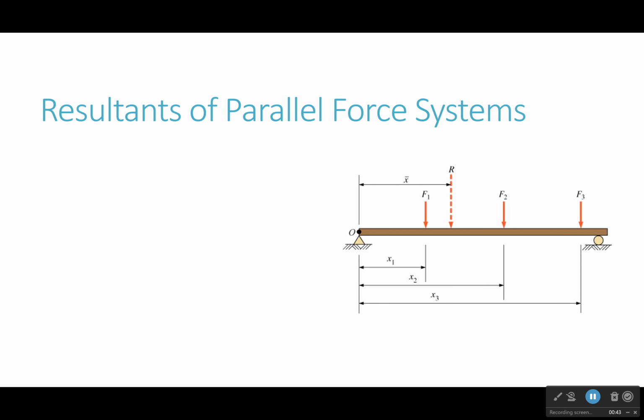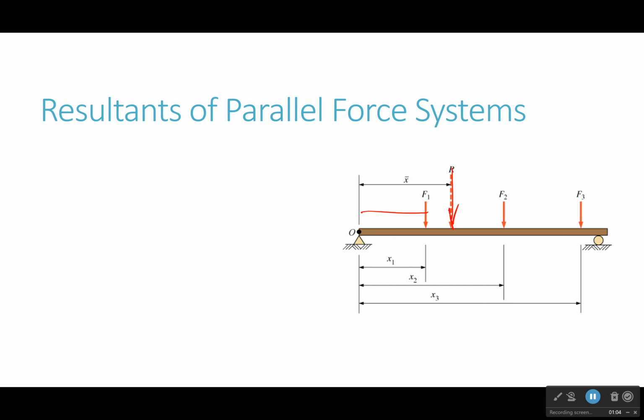So here we go. Here's a parallel force system. And we have force 1, force 2, force 3. So that's 3 forces. And the overall external effect on this particular beam will be the same as this resultant force, which happens to have the same moment around there.